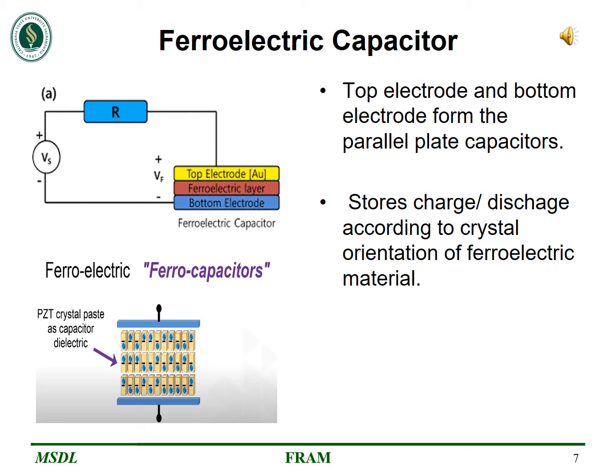When the switch is on, current starts flowing through the capacitor and creates an electric field, which polarizes the ferroelectric material, and this procedure is known as charging. When the switch is off, the electric field still remains in the ferroelectric material, and that performs discharging.